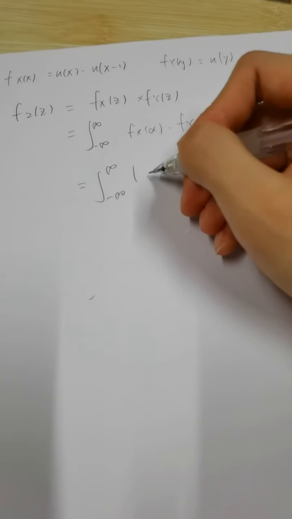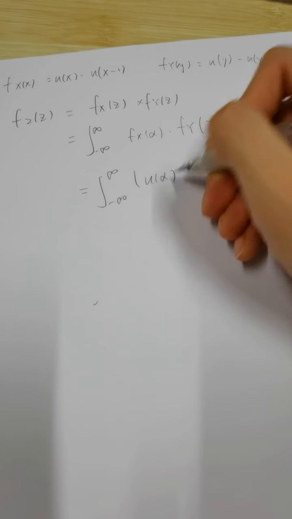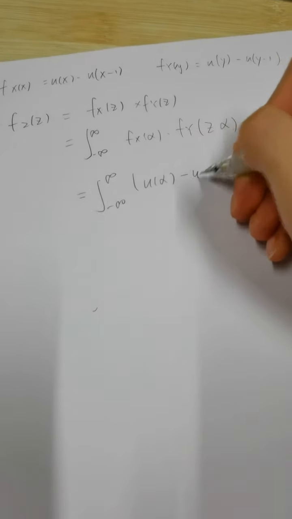We just put the values into this function: u(theta) minus u(theta minus 1) from this one, times u(z minus theta), because y equals z minus x.